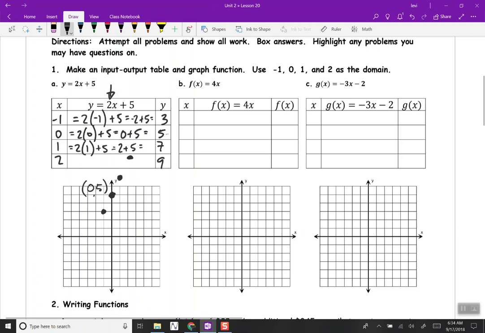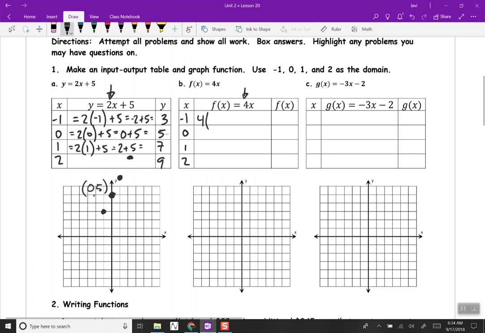Next one, f of x equals 4x, same thing, -1, 0, 1, and 2. So if we were going by that, we should expect this to go up 4 units in between each, for every change in 1 for our input.